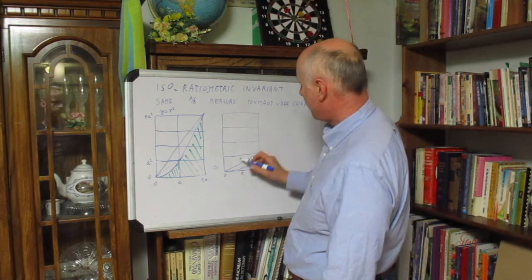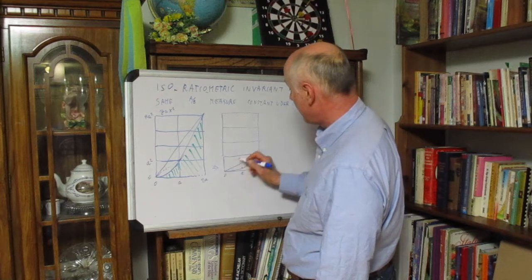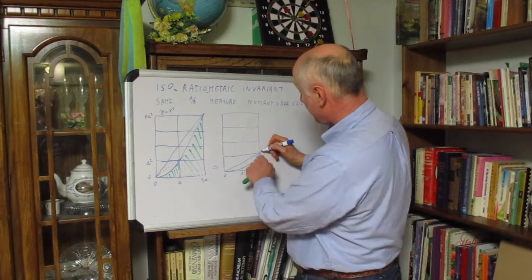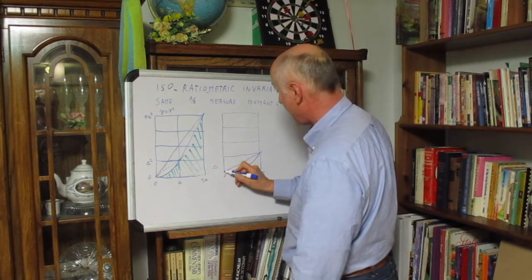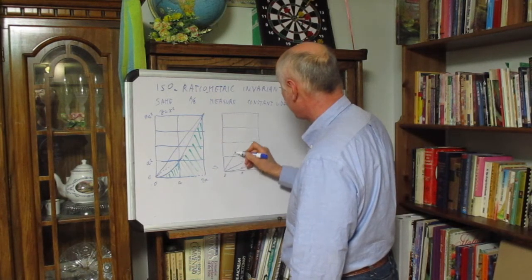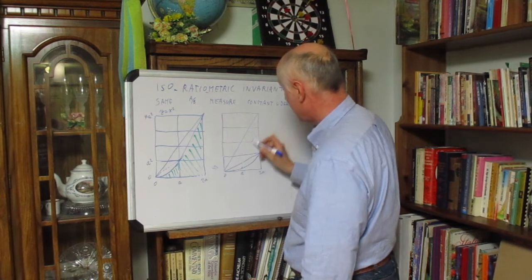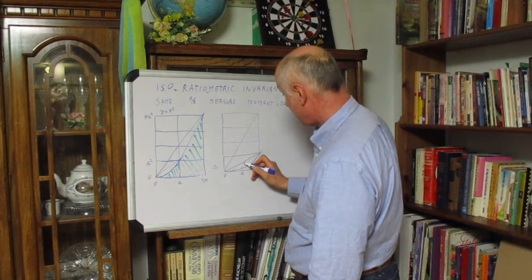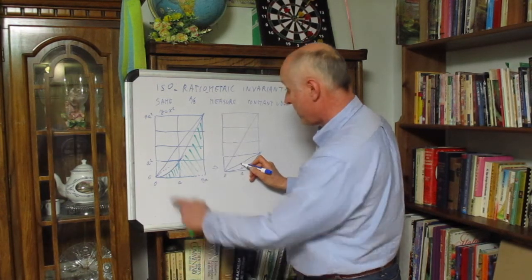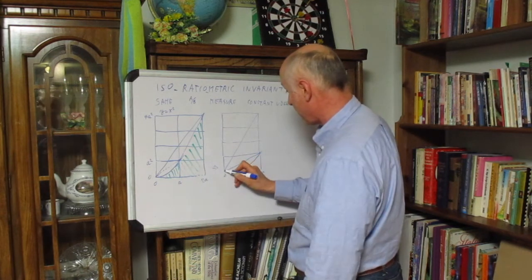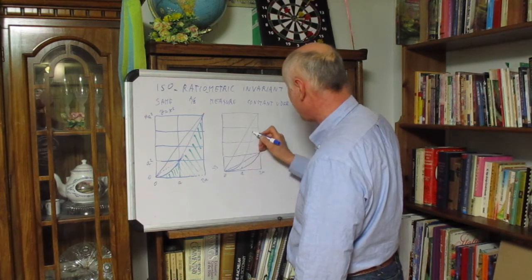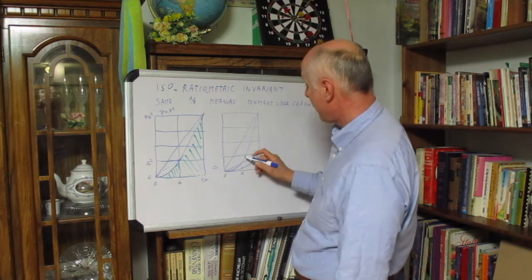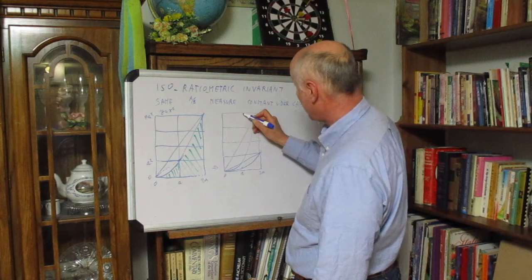So if I do that, basically pull this all the way to the top, well, I get this. And it's going to be that curve right there. Okay, you can see it.